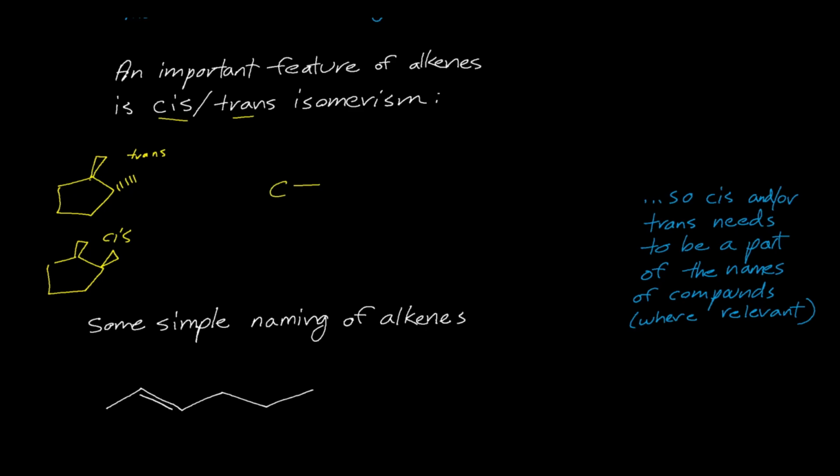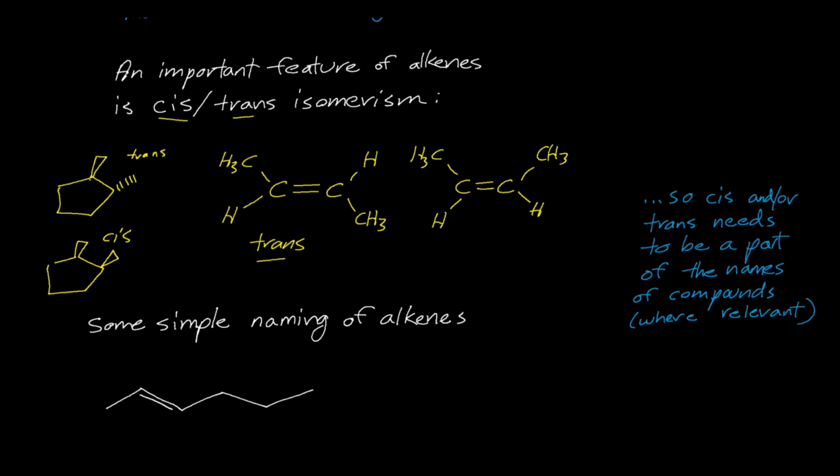Except for the concept that opposite sides are trans and the same sides are cis. So in an alkene like this, where the 2 methyl groups are on opposite sides, we would call this trans. And there's another version of this molecule in which the 2 methyl groups are on the same side, which is cis.